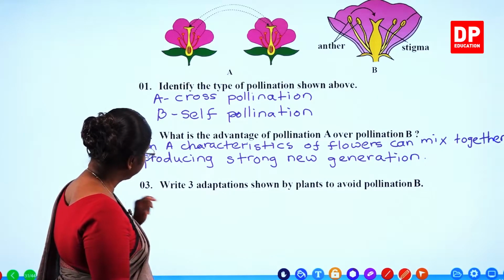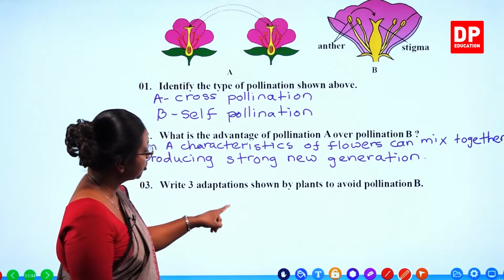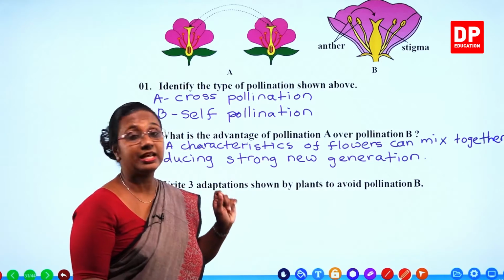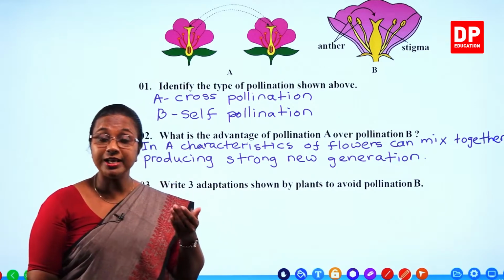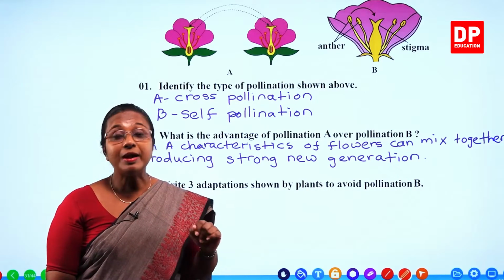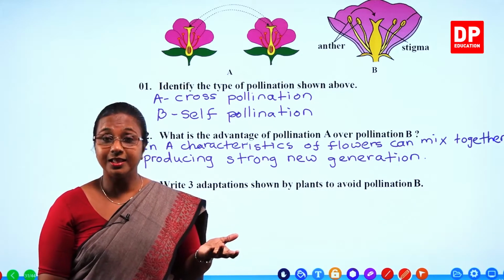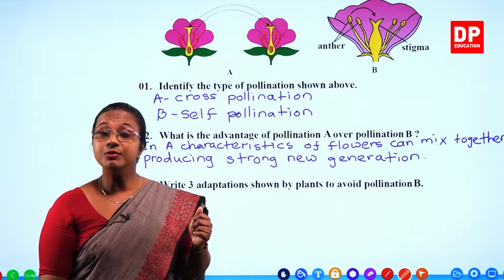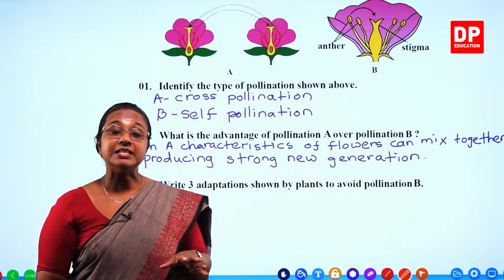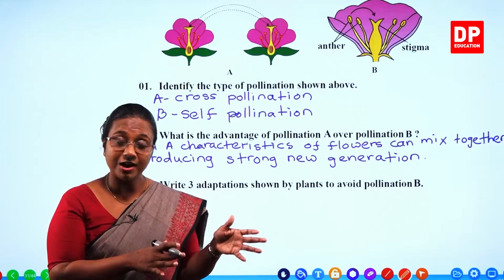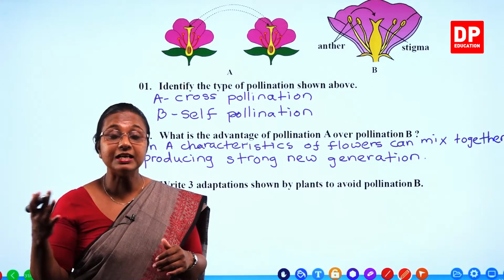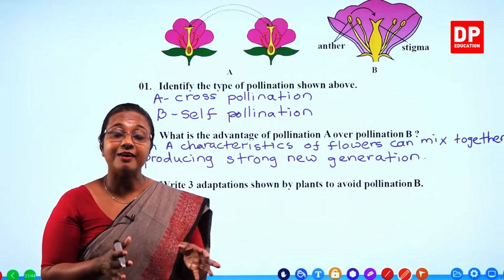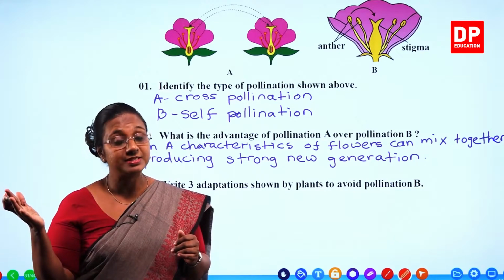Then the third one, write 3 adaptations shown by plants to avoid pollination B. So that is self-pollination. Plants try to avoid self-pollination. You are familiar with the adaptations. What are they? They have unisexual flowers. So that means the male reproductive structure is in one flower and the female reproductive system is in the other flower. So we only have staminate flowers and pistillate flowers.